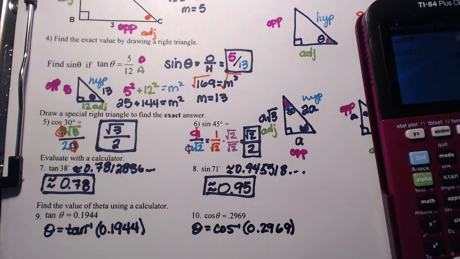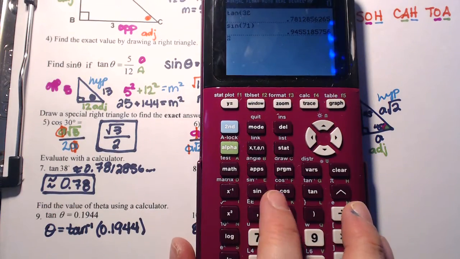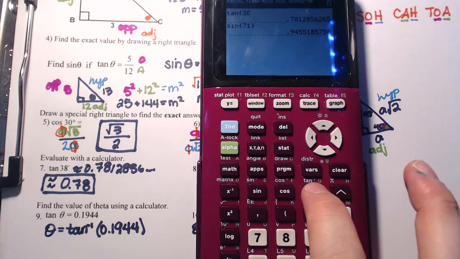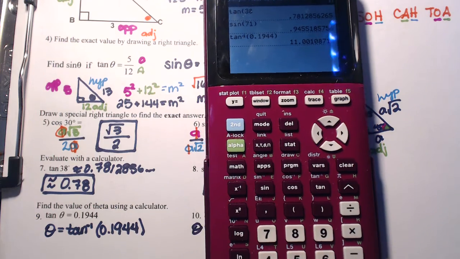So when I do this, it's usually going to be the second button and then your sine, cosine, or tangent. You see how it's like blue? So we'll do second tangent and then 0.1944. And I'm just going to round this one to the nearest degree.